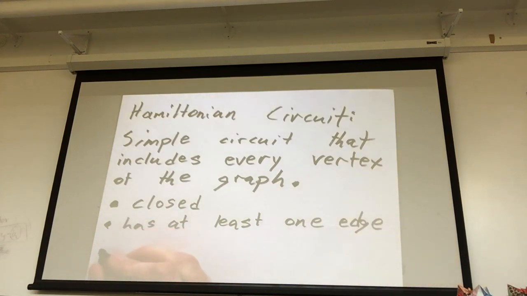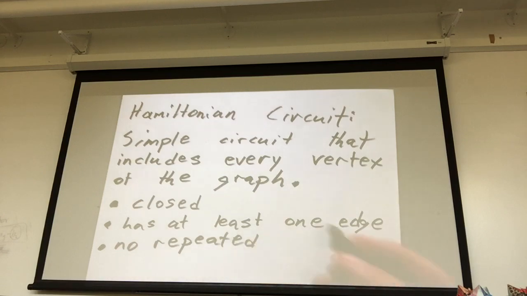And then for it to be a circuit, it would have to have no repeated edges. Okay, so that's just from the concept of it being a circuit. The fact that it's simple means no repeated vertices.